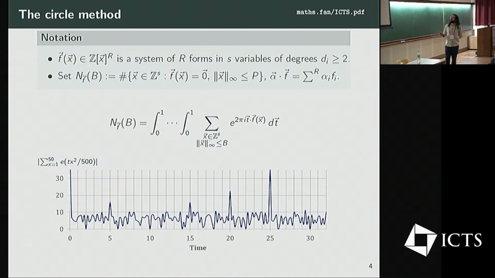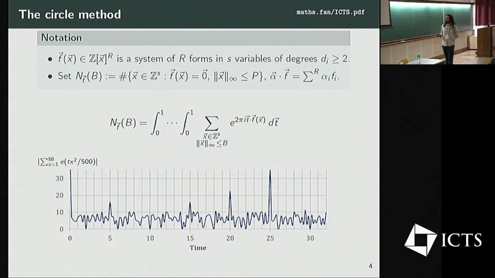So this is the thing that we're trying to estimate, the number of whole number solutions to this system of equations. Here I've forgotten to exclude 0, but that's fine because I would have added it back in here anyway. So exclude 0 here and write +1 here, it's the same thing.